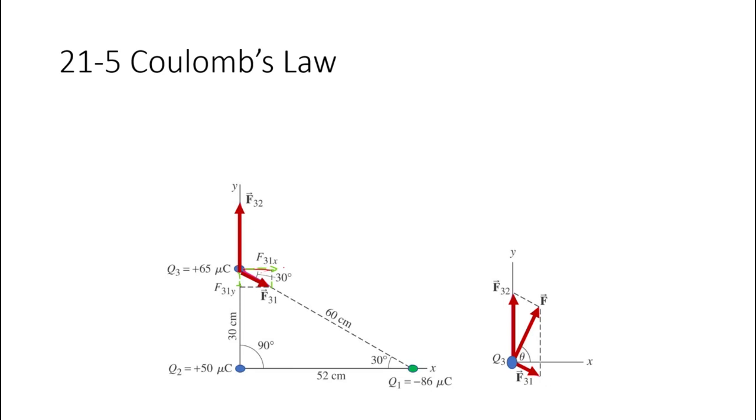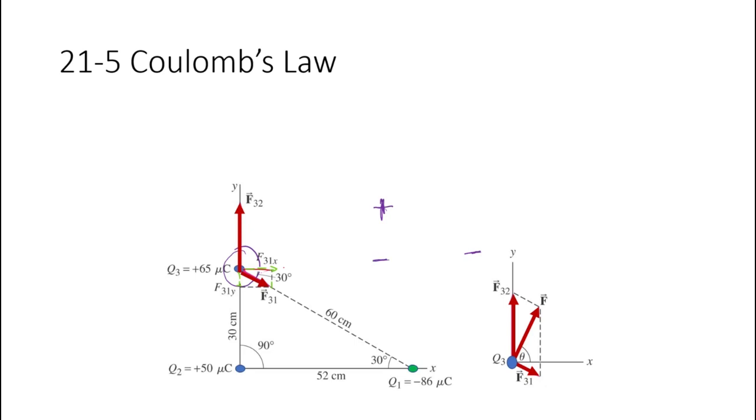We do the same thing, using the same principle. We circle the charge we are studying. We are studying Q3. We look at what pulls and what pushes on Q3. Q3 is positive. Then Q1 is negative.